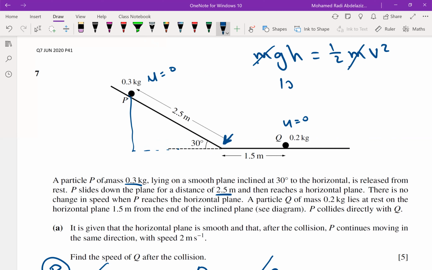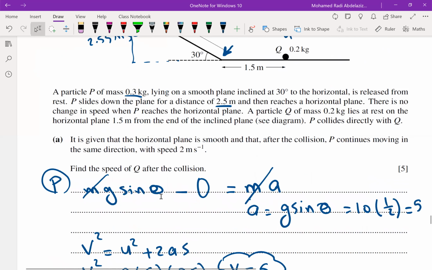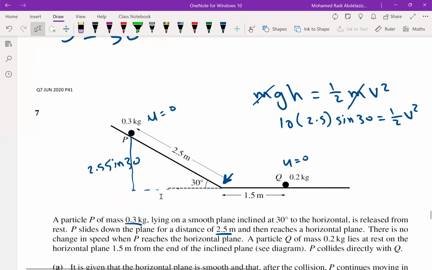So g is 10, h the perpendicular height is 2.5 multiplied by sine 30, equal to half v squared. By solving this equation, you will get the same velocity, 5. It's 10 times 2.5 times sine 30, multiplied by 2, then by taking the square root, you will get v equal to 5.